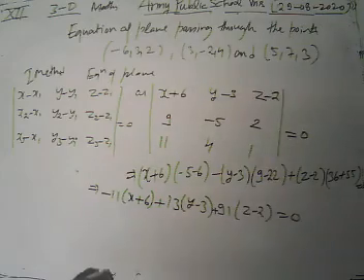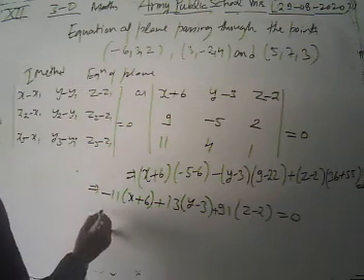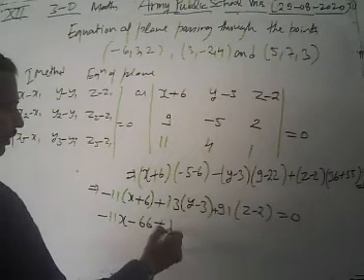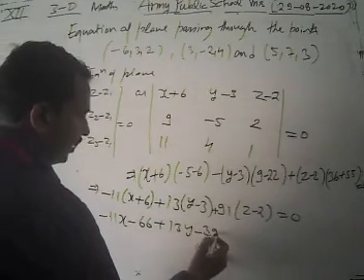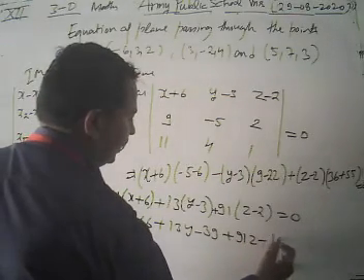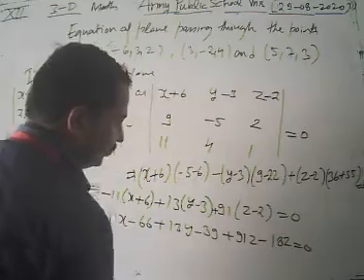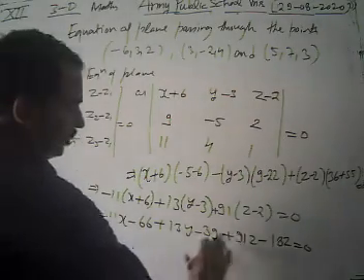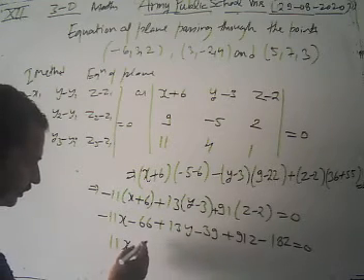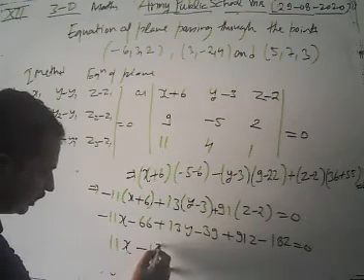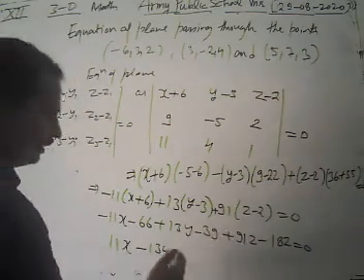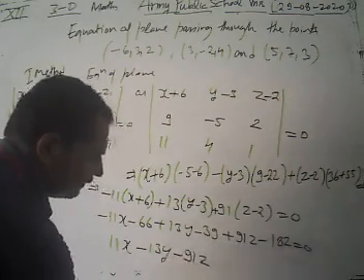Now we are going to put these values in again and simplify this. And what do we have? We have minus 11x minus 66 plus 13y minus 39 plus 91z minus 182 equal to 0. Further we are going to simplify taking positive x there. Then what do we have? We have here 11x, then minus 13y, and 91z minus 91z.